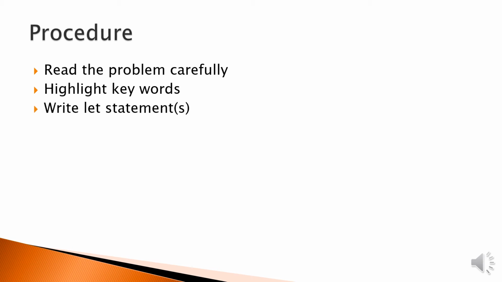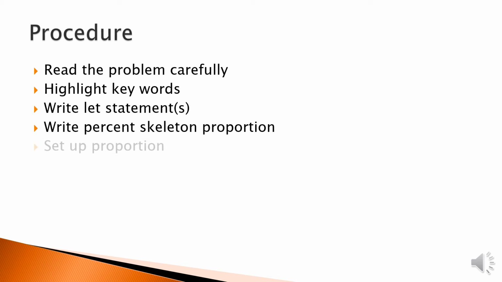Then you want to write your let statement, or statements depending on the number of things you need to find. Then, to remind yourself of what it is, you want to write your % skeleton proportion. Again, as a reminder to you, that is is over of equals % over 100. Then you want to fill in your spots.